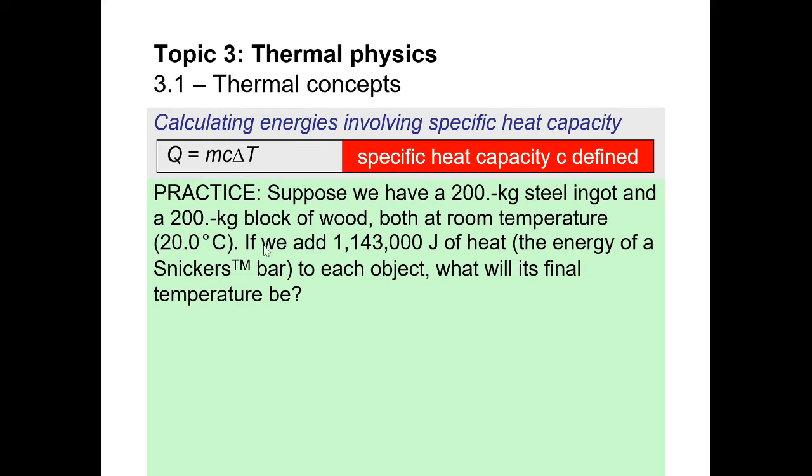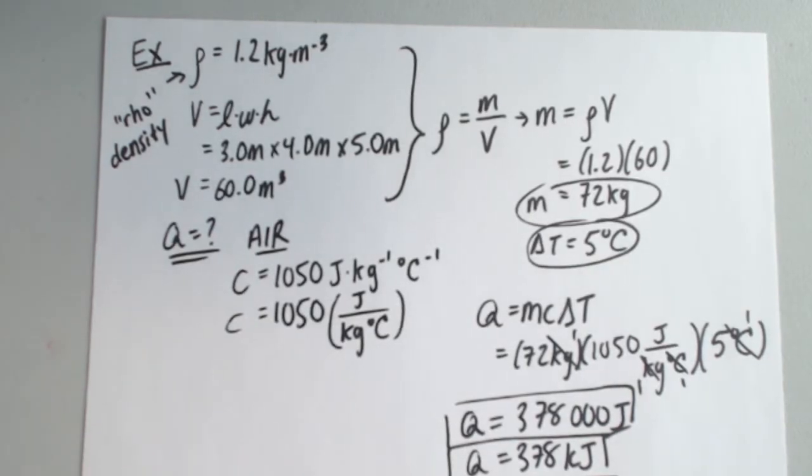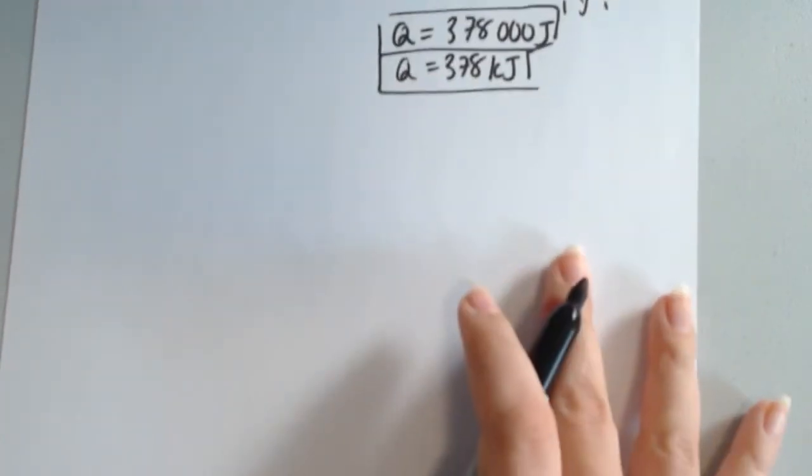A picture of it will come up after this. If we add 1,143,000 joules of heat, the energy of a Snickers bar, to each object, what will its final temperature be? Okay, so let me just put that picture up. There it is. There's a steel ingot. Let's go back to our sheet.